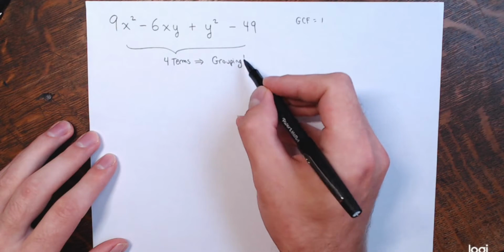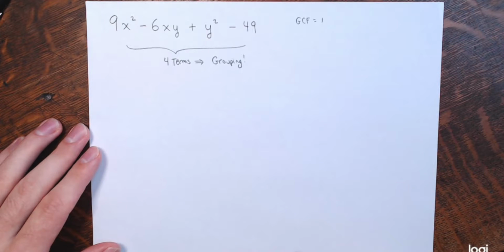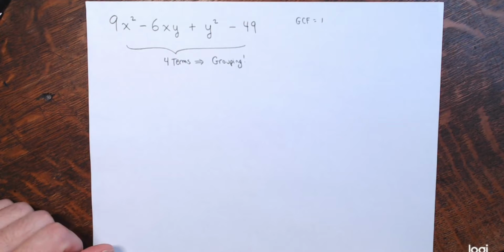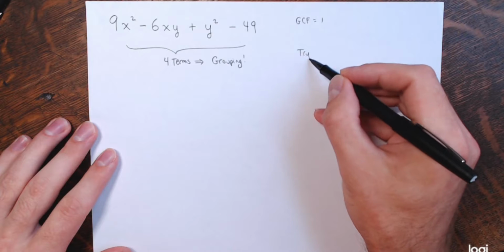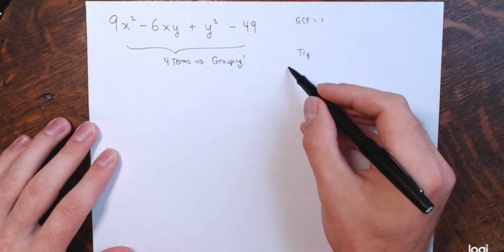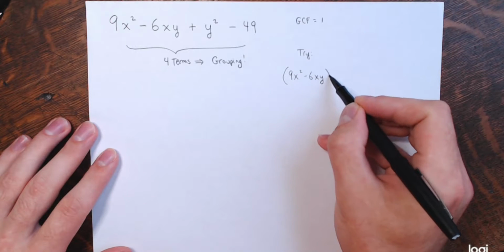Now, I've done factoring by grouping in previous videos. In assignment 6.4 part 1, if you watched me work on that assignment, all the grouping there, I took polynomials with 4 terms and wrote them as a sum of 2 groups of 2 terms. But that's not the only way to group. You could try this grouping, where I put the first 2 terms in a group, 9x squared minus 6xy, and then a big plus sign.